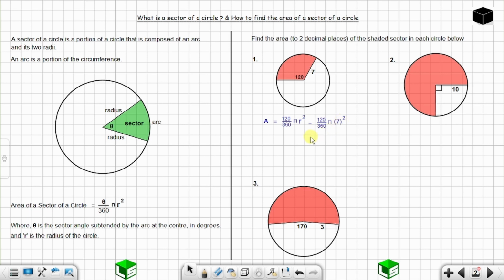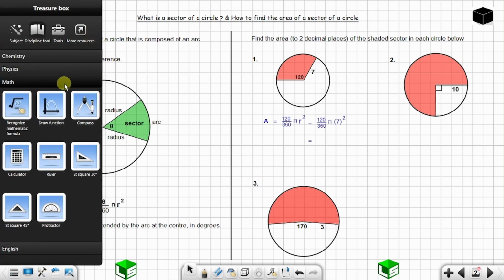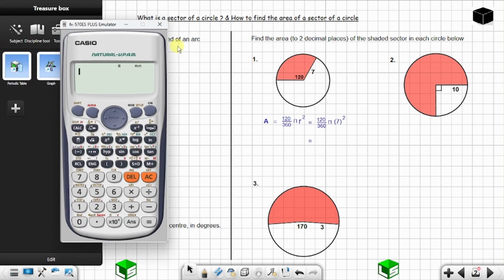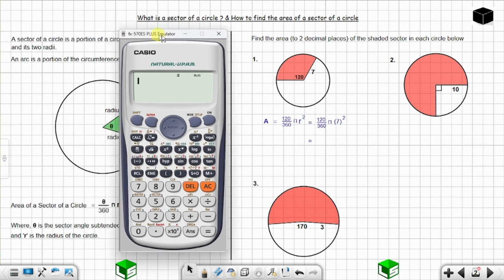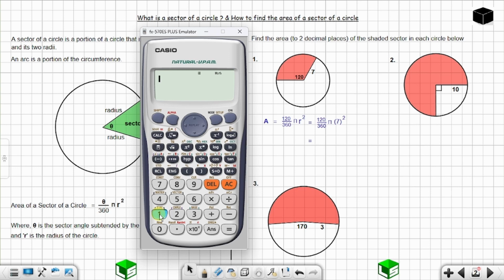Let's plug this in the calculator. You have 120 over 360 times pi times 7 squared.